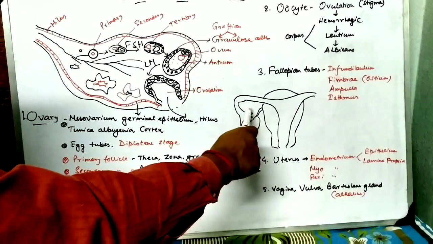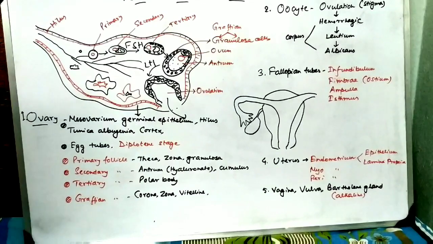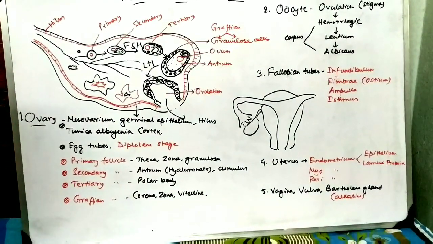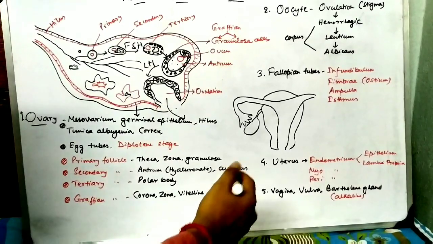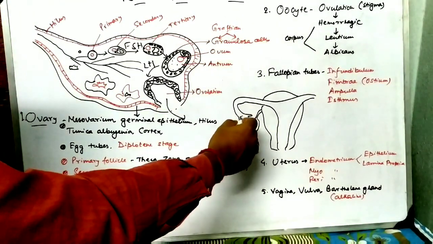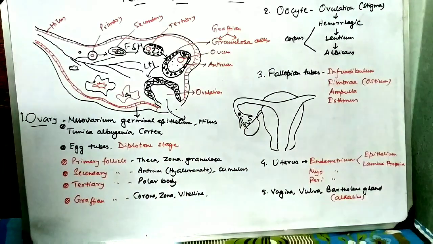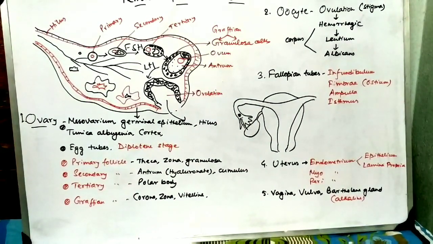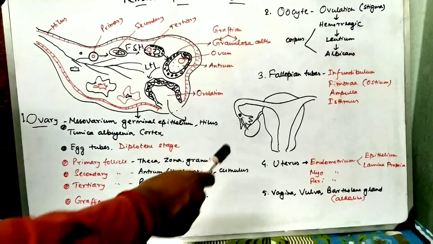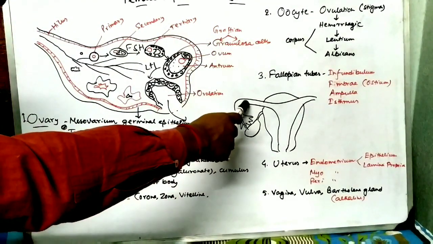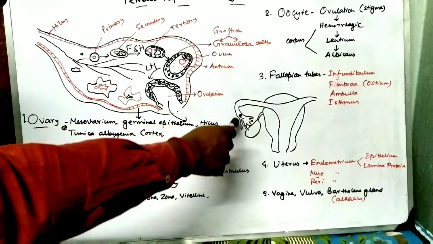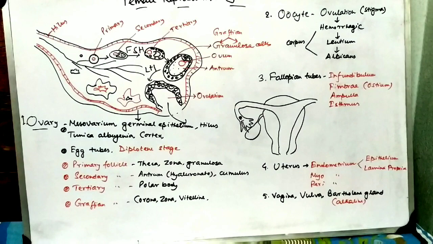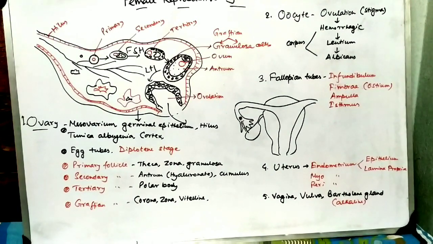So this region is known as the infundibulum. The infundibulum collects the ovum when ovulation occurs. Now after the infundibulum there is the ampulla, a swollen region, where fertilization takes place if the sperm is present there.